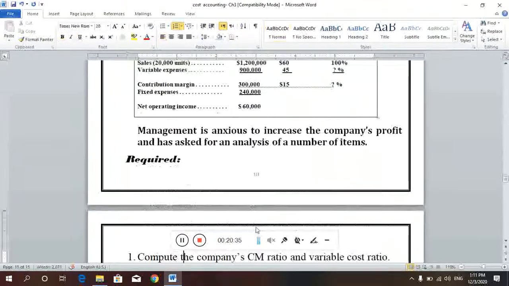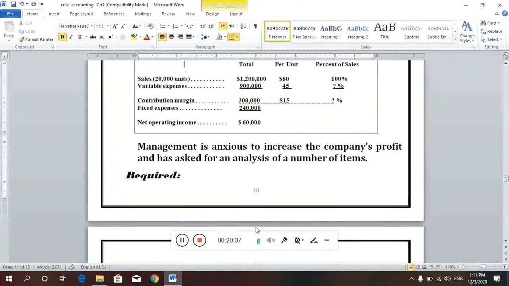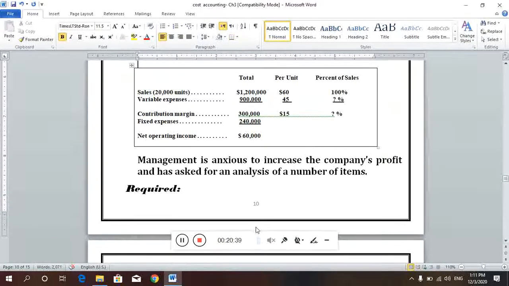This is the income statement for the company. Sales minus variable expenses equals contribution margin, minus fixed expenses equals net operating income. Units sold is 20,000 units.